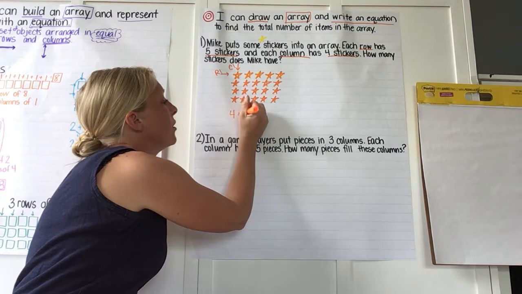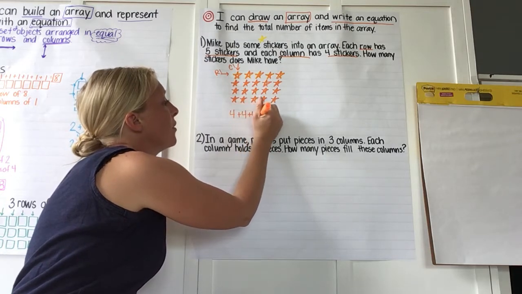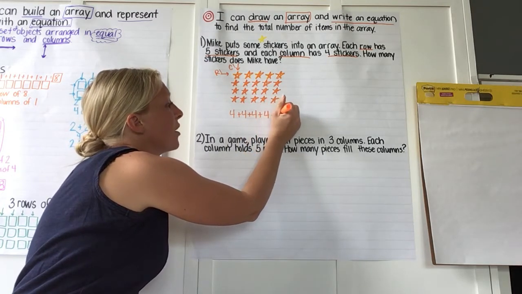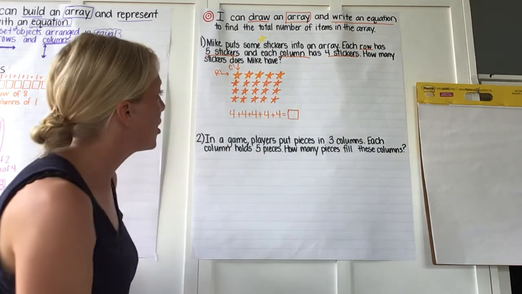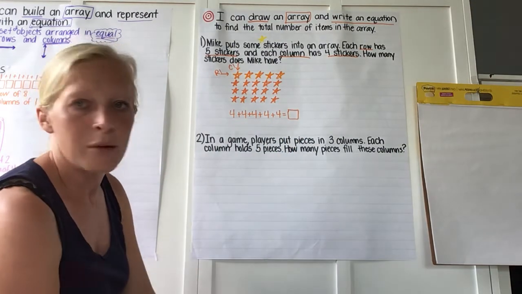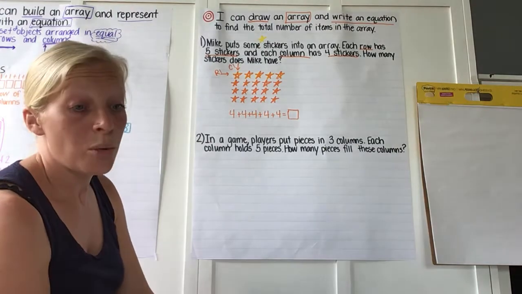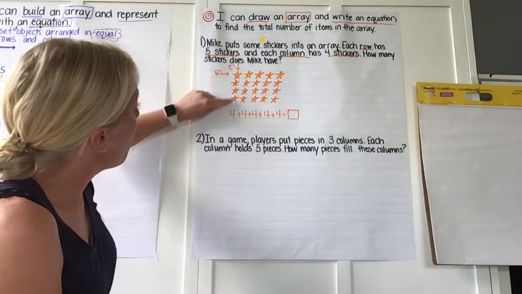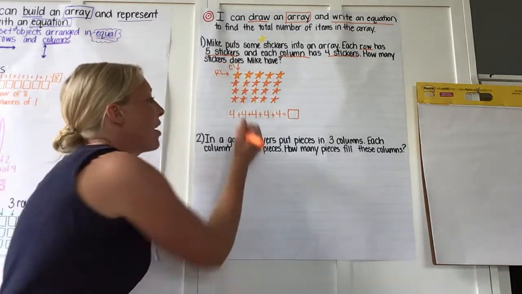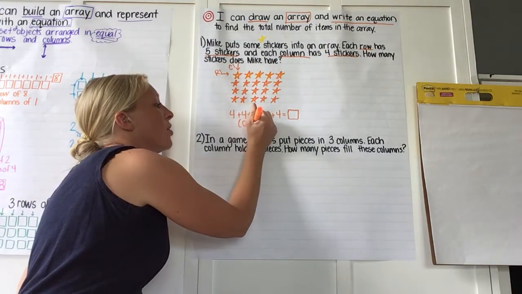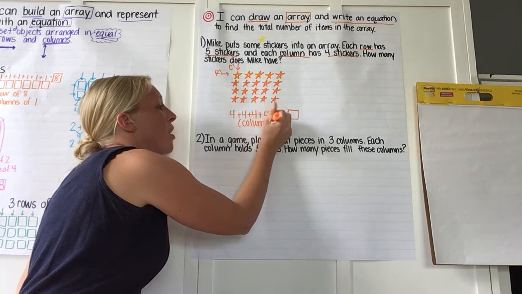4 plus 4 plus 4 plus 4. And how does that match that array? You were adding your columns together. 4 plus 4 plus 4 plus 4 plus 4, okay? You were adding your columns.